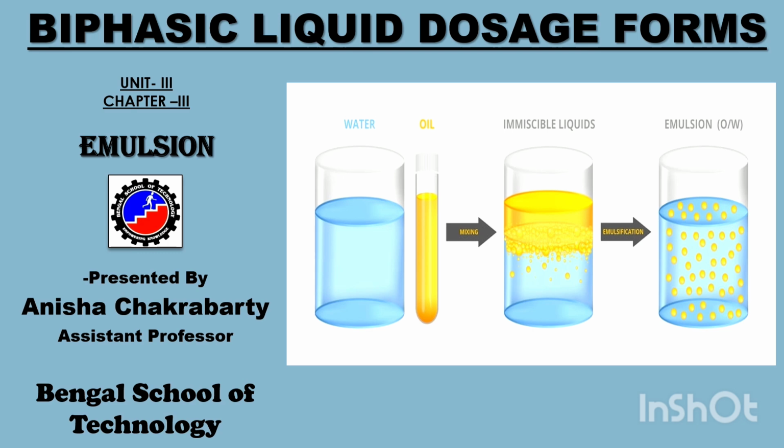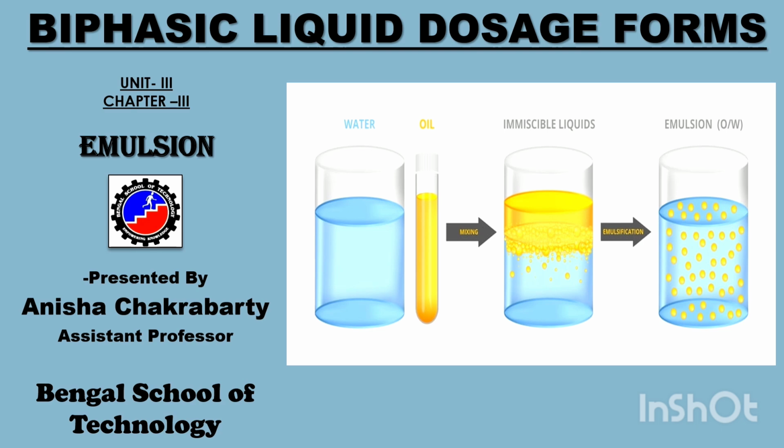Emulsion is an example of biphasic liquid dosage form. From the word biphasic, you might have guessed that it contains two naturally immiscible phases inside their formulation.